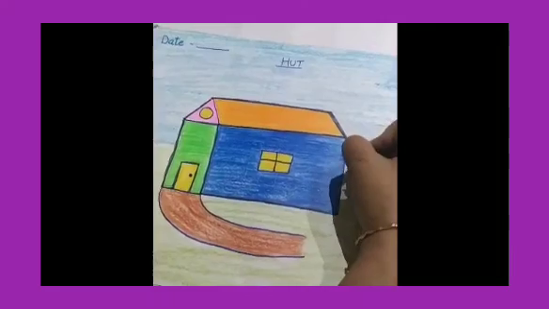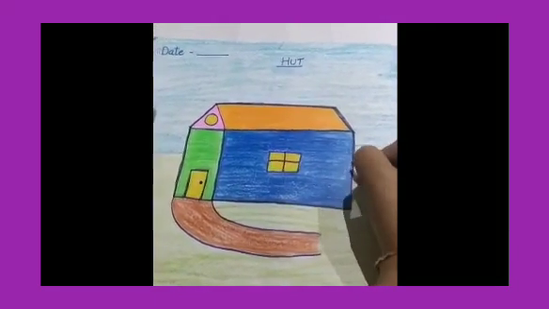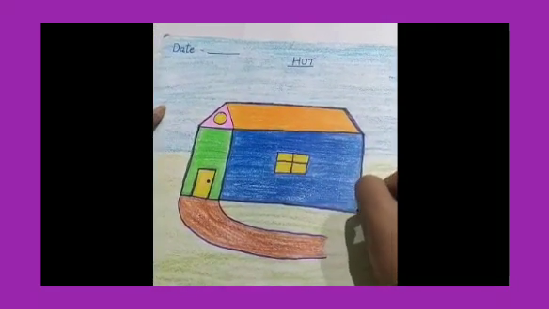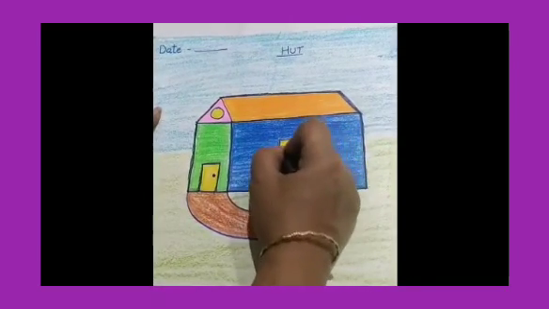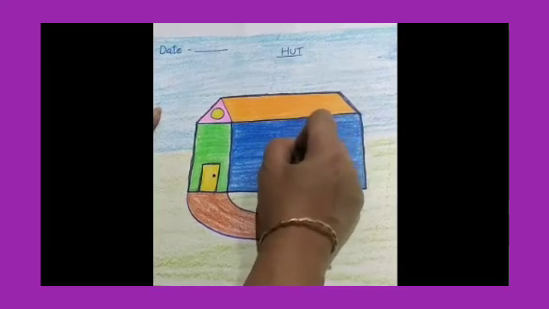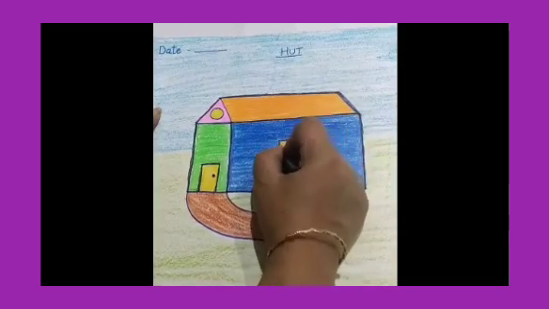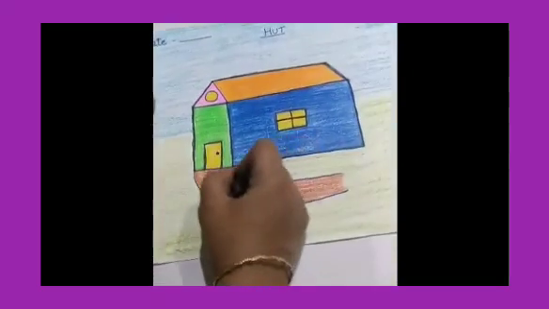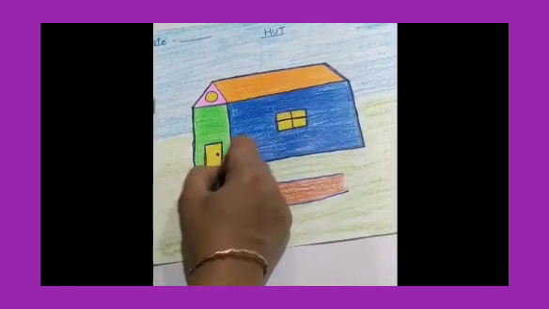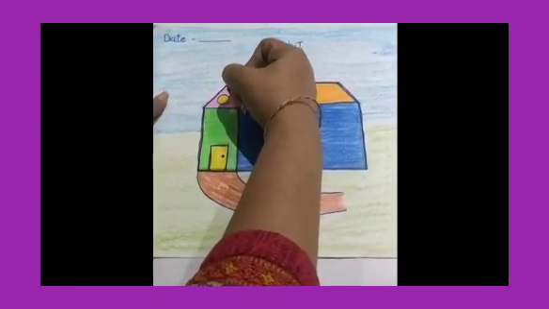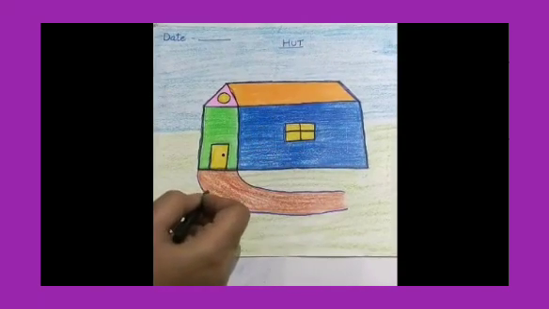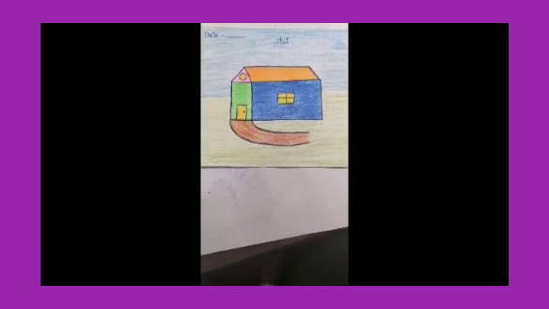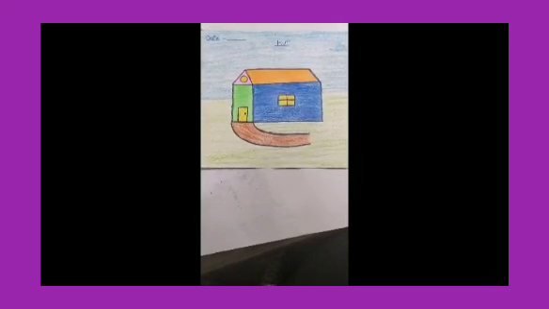Do outlining of every line neatly. So the coloring of the hut is completed with outline.